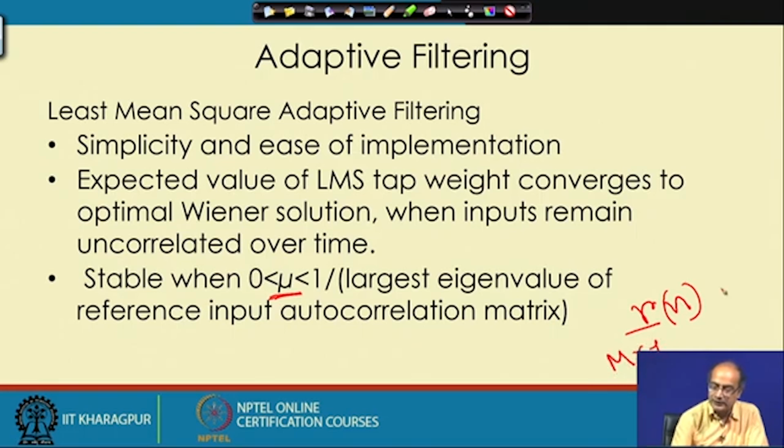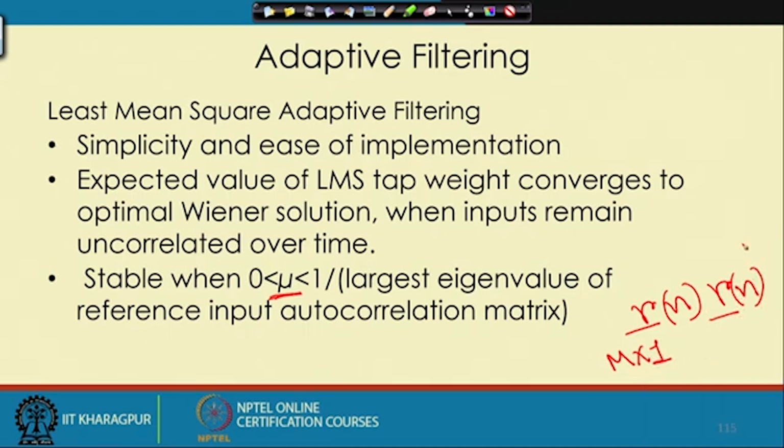So, we can get its autocorrelation matrix if we multiply it with the same vector in transposed form, a 1 by m vector, that is, the transpose of the R n vector.